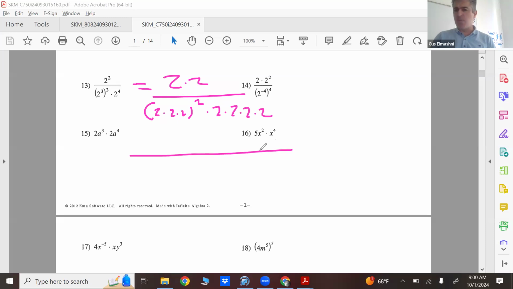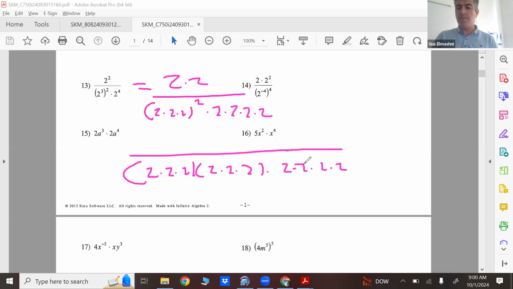How many 2s do I have on the bottom? If you do a quick count, 8 with the exponent. Actually, a little more. Let's do a count: 1, 2, 3, 4, 5, 6, 7, 8, 9, 10. It's a lot of 2s, right?